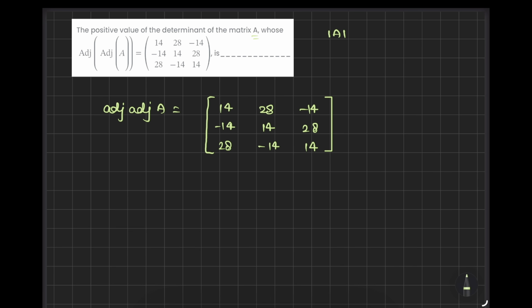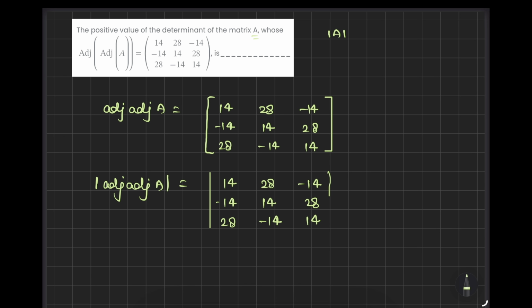So on the left hand side we will be left with determinant of adjoint adjoint A equals determinant of this matrix. So look at how I will be writing: 14, 28, minus 14, minus 14, 14, 28, 28, 14, 14.